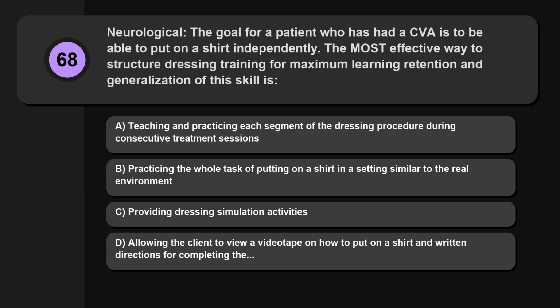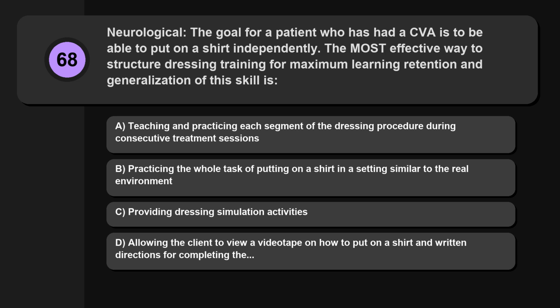Question 68. Neurological. The goal for a patient who has had a CVA is to be able to put on a shirt independently. The most effective way to structure dressing training for maximum learning retention and generalization of this skill is: Option A, teaching and practicing each segment of the dressing procedure during consecutive treatment sessions. Option B, practicing the whole task of putting on a shirt in a setting similar to the real environment.